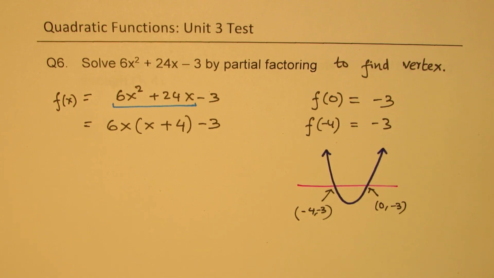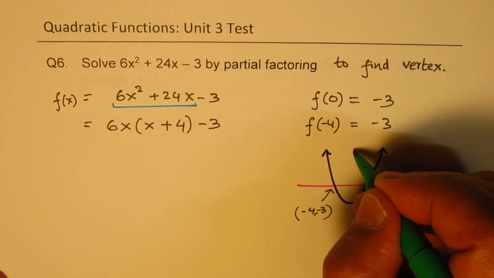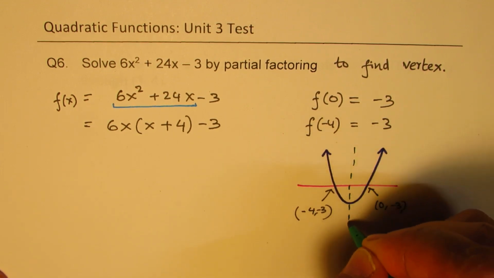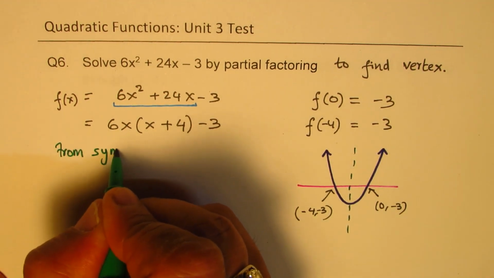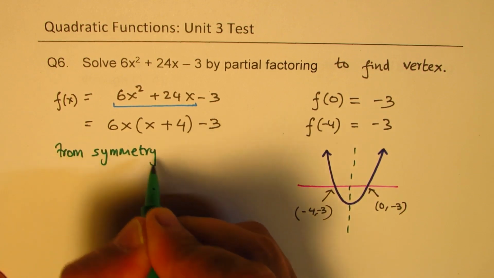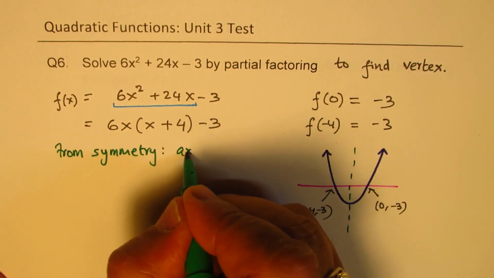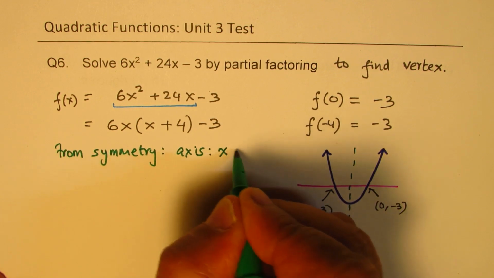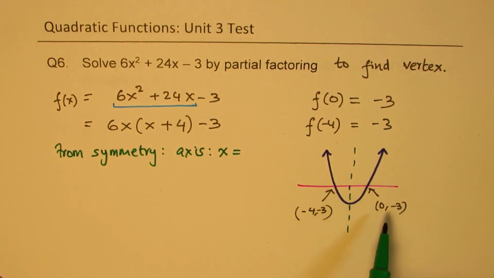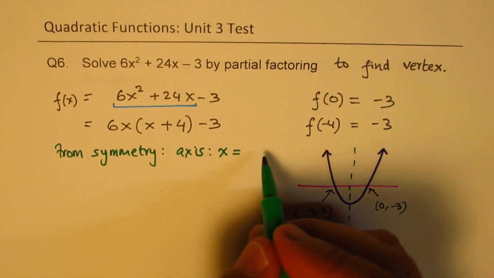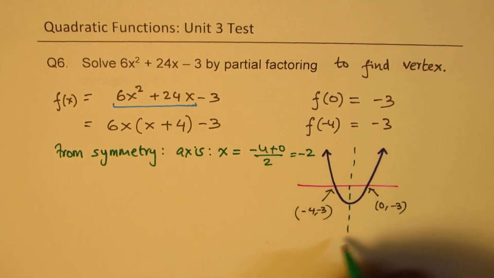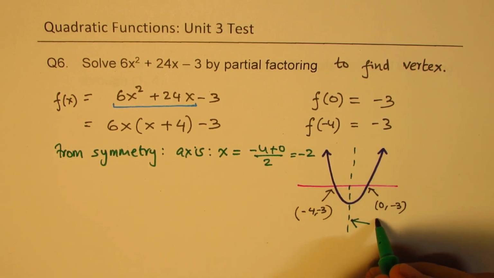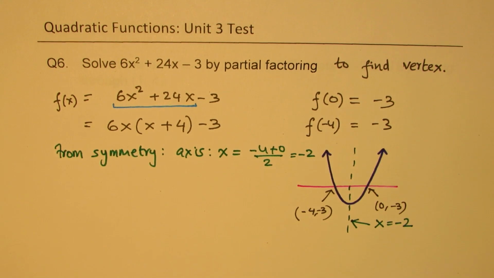That really means that the axis will be midway, right? So from symmetry, you can add these two values of x, which is minus 4 plus 0, divided by 2, which is minus 2. So the equation of this axis of symmetry is x equals minus 2.